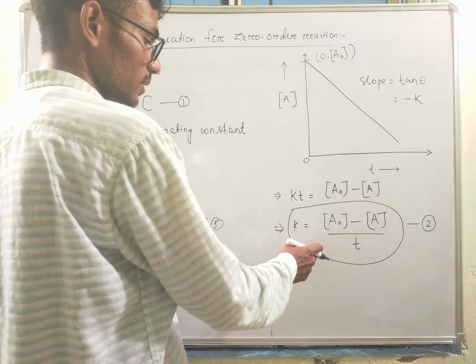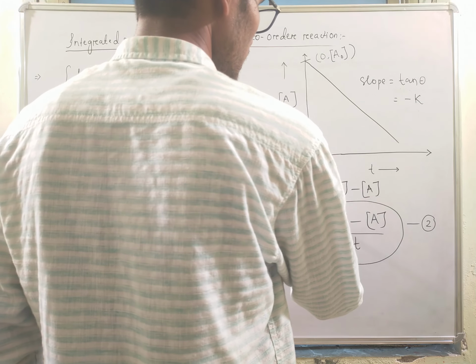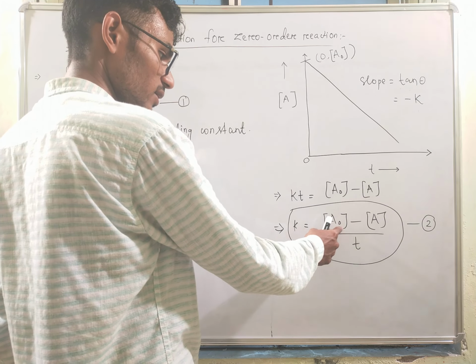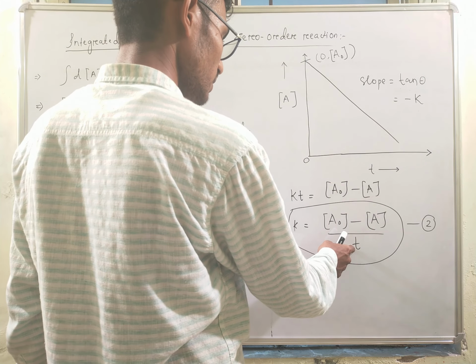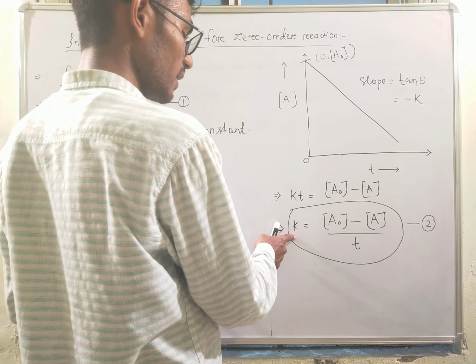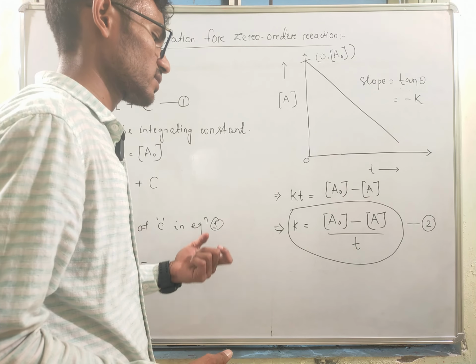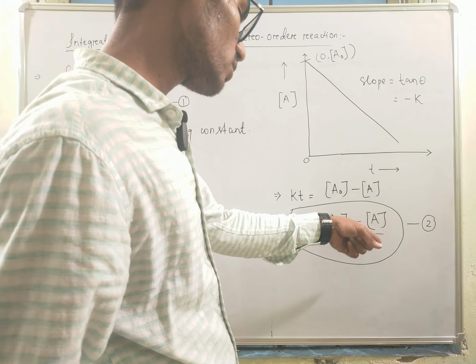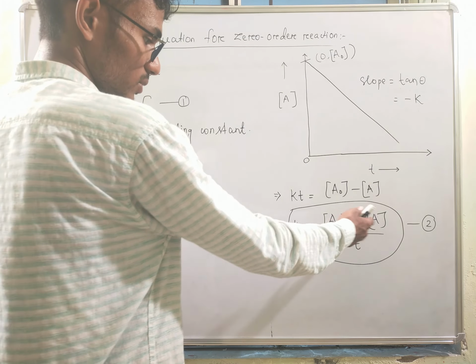We can also write the different terms involved here. Here a naught is the initial concentration of reactant, a is the final concentration of reactant, t is the time, k is the rate constant or velocity constant or specific reaction rate. We have to mention all the terms which are inside the equation 2.